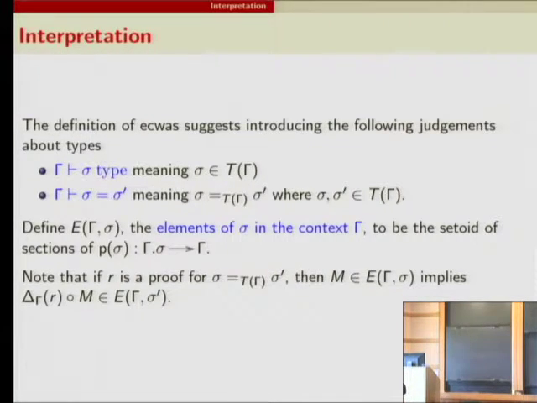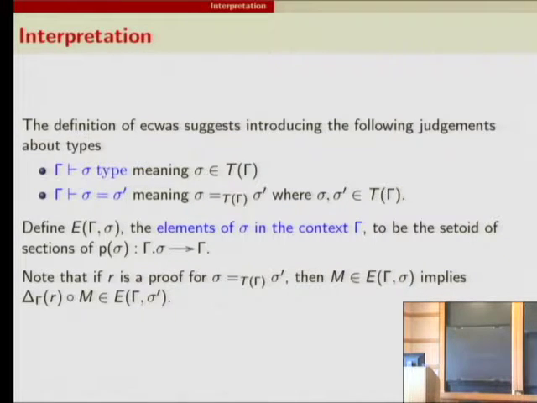So the elements will be the setoid of sections of the projections. So that's quite natural, right? And then we can see here how the coercion also works.